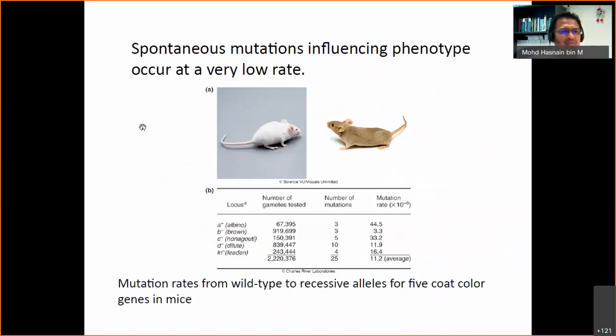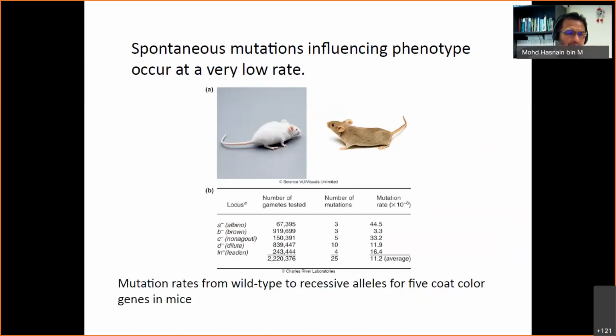Spontaneous mutations influencing phenotype occur at a very low rate. If you can still recall from the general genetics class, mutation is measured in how many times it can be observed, in terms of how many thousands of the number.